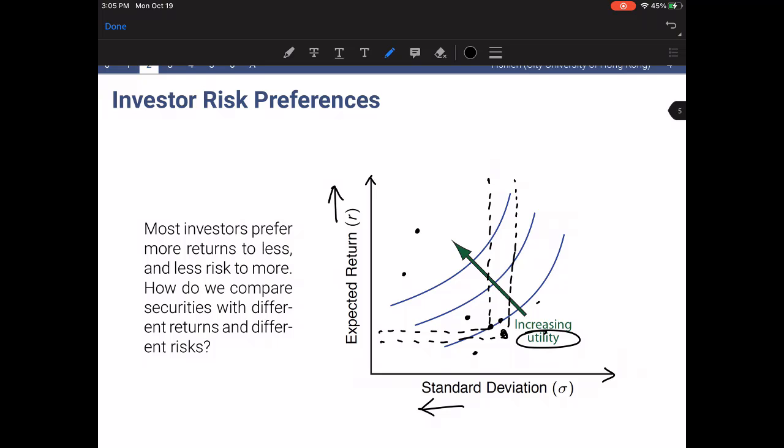So this point here is definitely worse off, right? Because there's less return and more risk, but anything inside this box is going to make us better off. Okay, so we typically draw parallel lines to represent indifference and happiness for different portfolio sets, but anything within these dotted line boxes will make us better off.